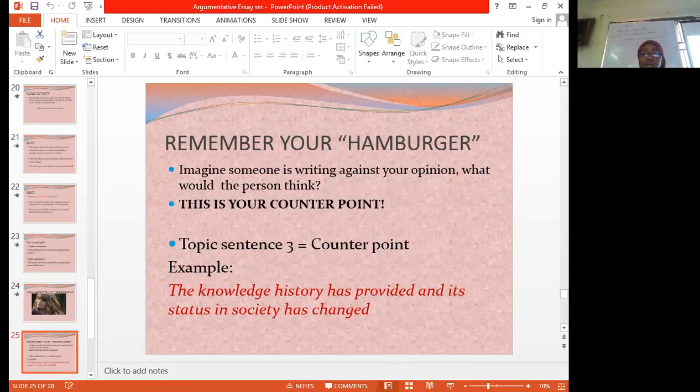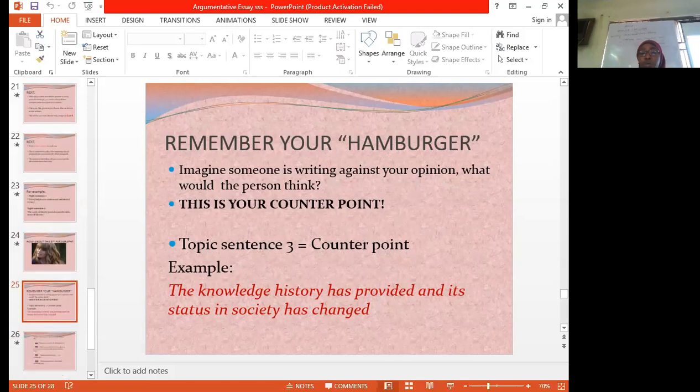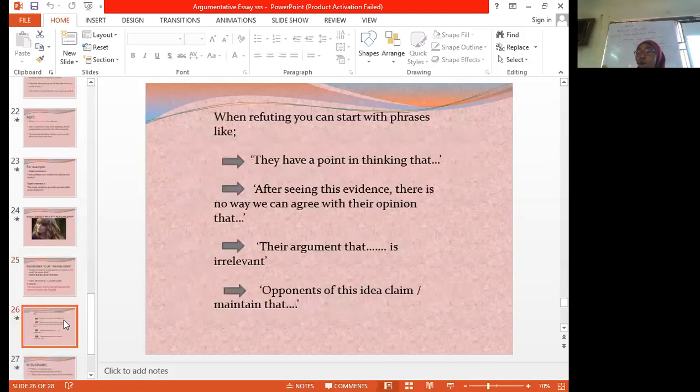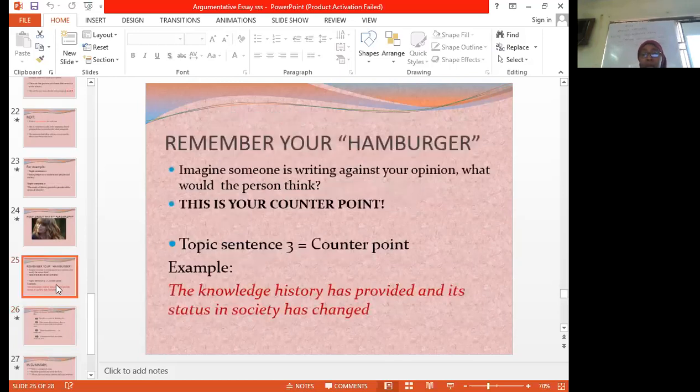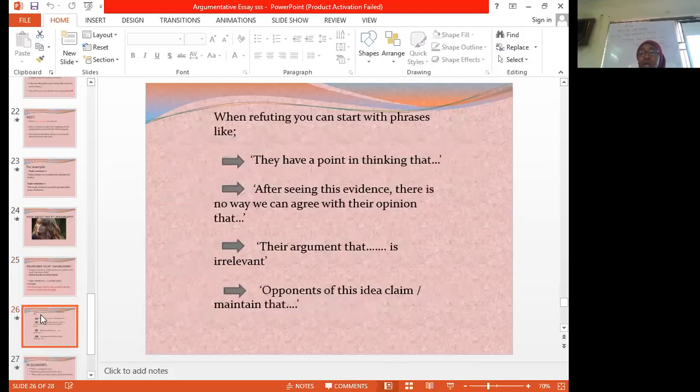So how do you write your own paragraph based on the counterpoint of your opponent? You might want to start with the following examples. They have a point in thinking that the knowledge history has provided and its status in society has changed.